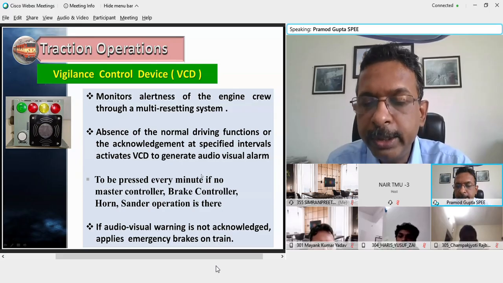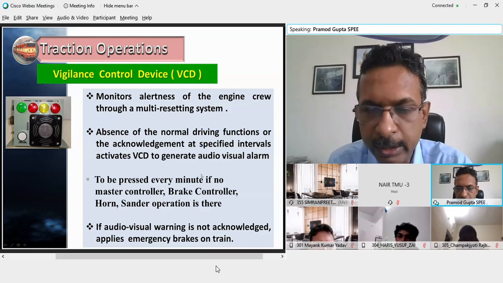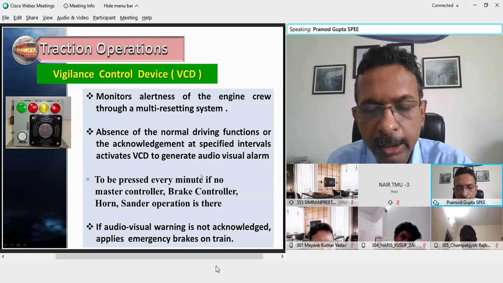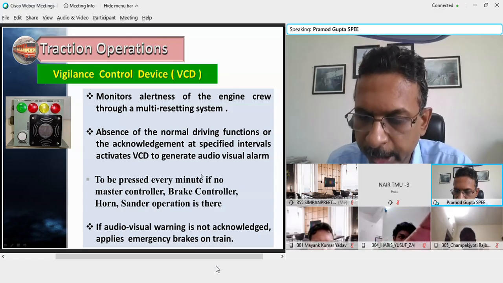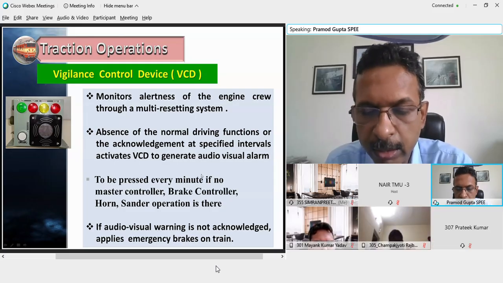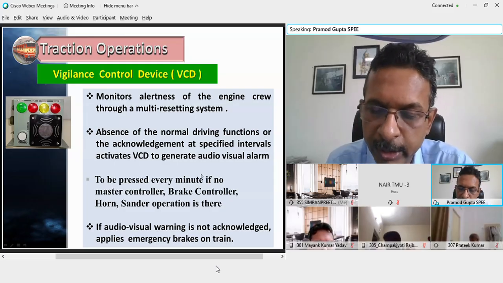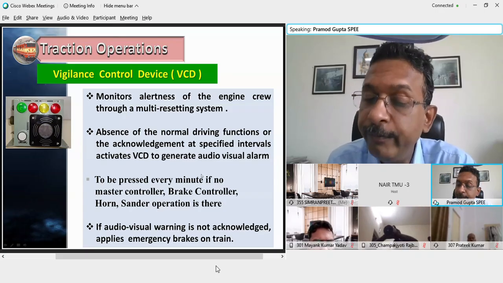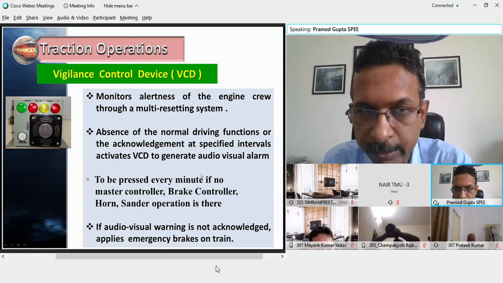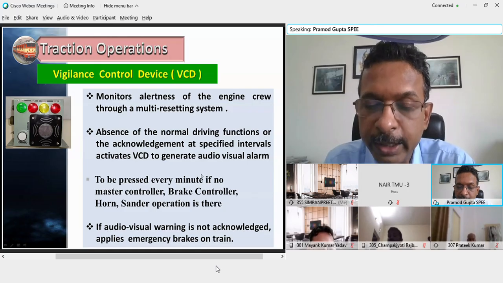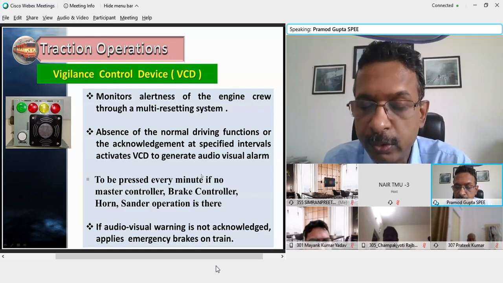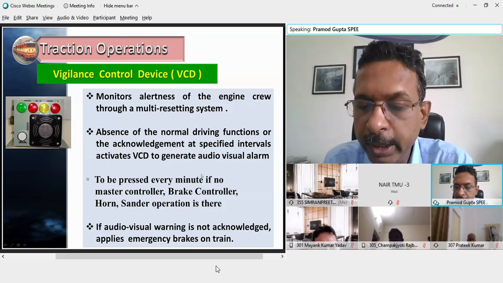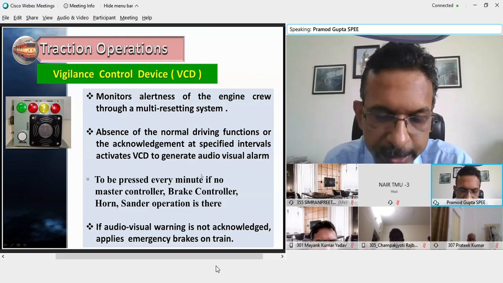The exception is when he is doing some function, like blowing the horn, applying the brake, or initiating some other operation. If he is doing any of these activities, he is not supposed to press. Otherwise, after every 1 minute, he is supposed to press his thumb on this device to indicate that he is alert.